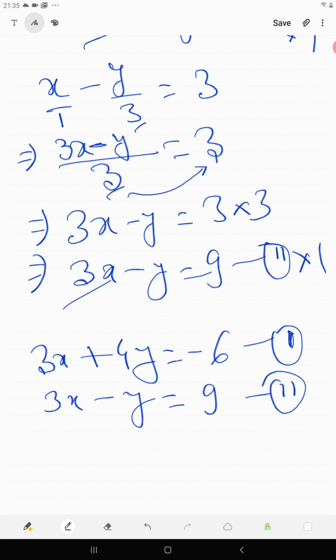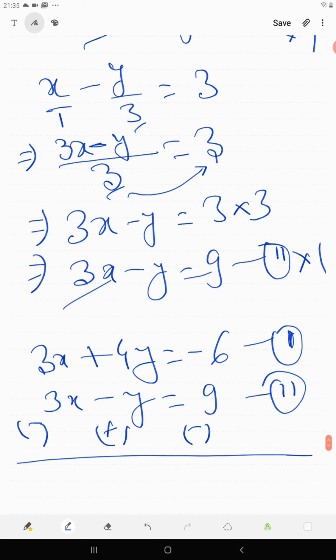So here it is plus 3 into x, so it will become minus 3. Then for y it is minus 1, minus 1 into y is minus y, right? So it will be plus 1. Here 9 is plus, so it will become minus. So the whole equation sign will get changed.